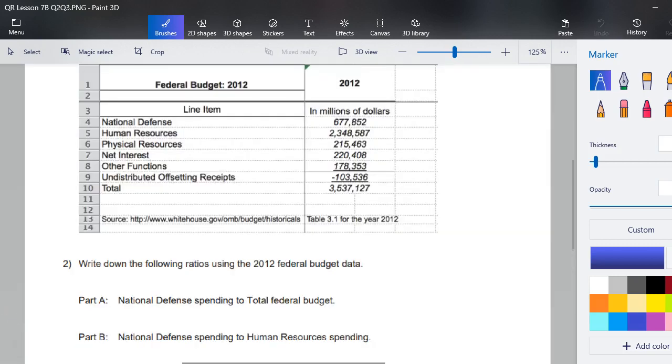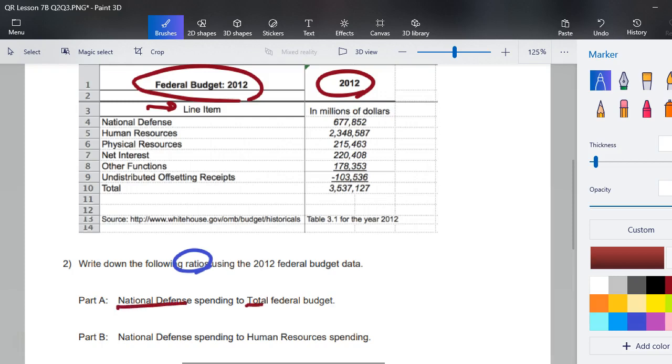So let's look at question 2 together. Write down the following ratios using the 2012 federal budget data. Here's the 2012 data, and here are some line items. Part A wants us to do national defense to the total. Again, I really encourage you to write some words or letters, like national defense to the total budget.